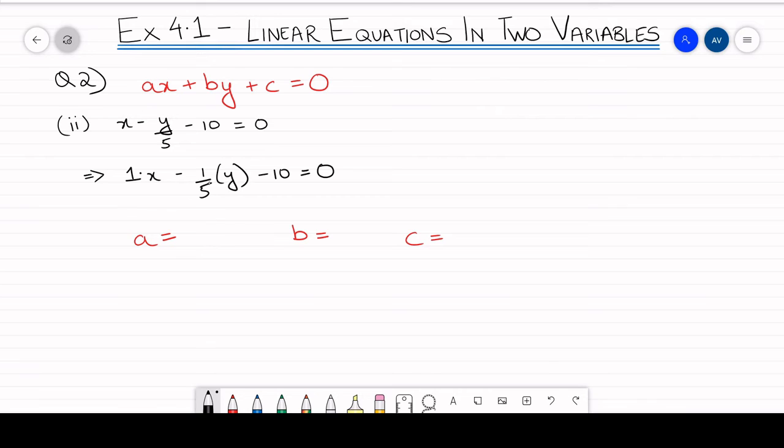And writing it this way just shows us very clearly that the values of a, or the coefficient of x, is 1. The coefficient of y is minus 1 by 5 and c becomes minus 10. That's a constant in this term. And that's how we solve the second part.